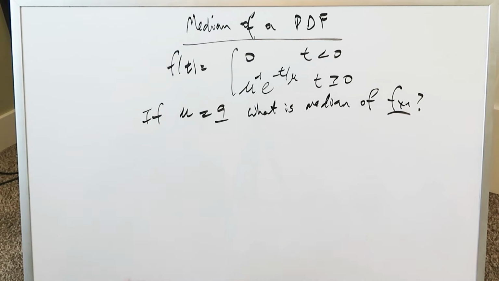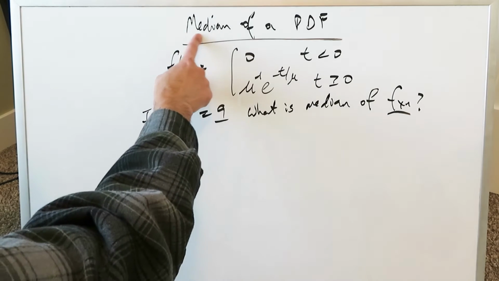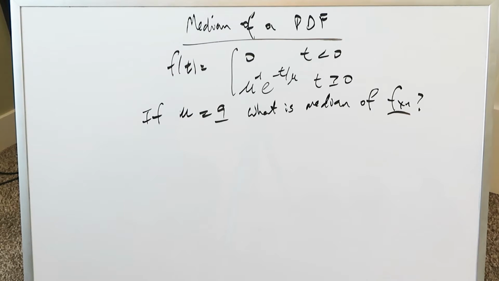So this is another question off of that previous example from the previous video, but we're looking here at the median. With regards to probability density functions, the median is a measure of centrality of a function, such that half of all the values in your sample will have that specific quality that your continuous random variable is examining, half of the values will be before it and the other half will be after it.